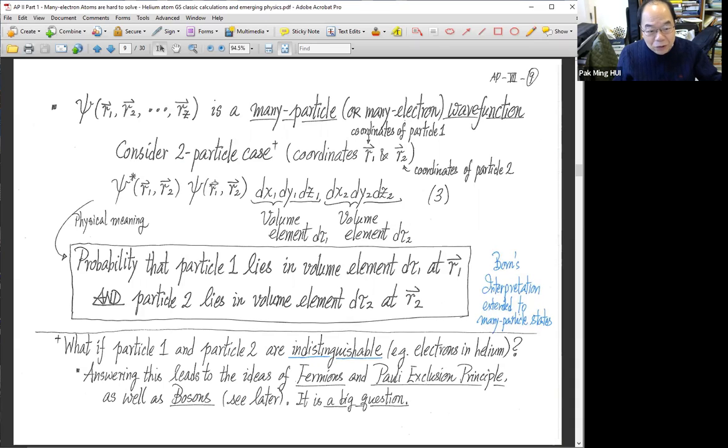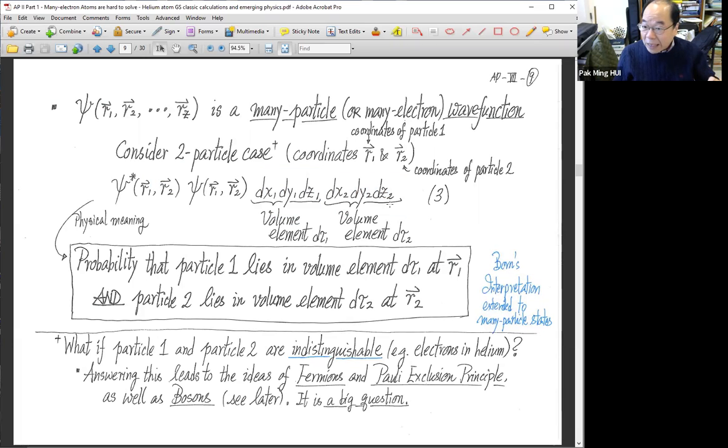Thereby, there are 6 variables: X1, Y1, Z1, X2, Y2, Z2, because we have 2 electrons, say in helium. Now, we need to involve 2 volume elements. One is for electron number 1, another is for electron number 2.